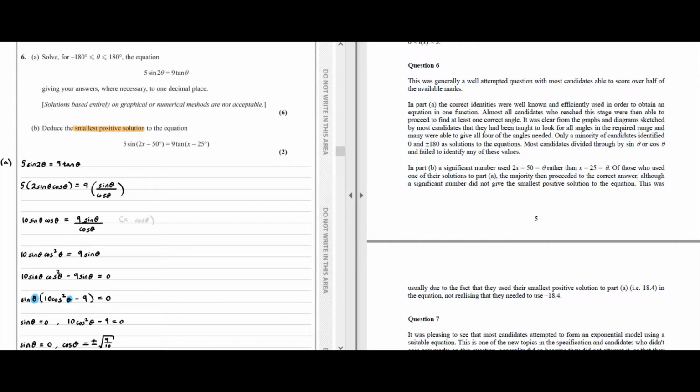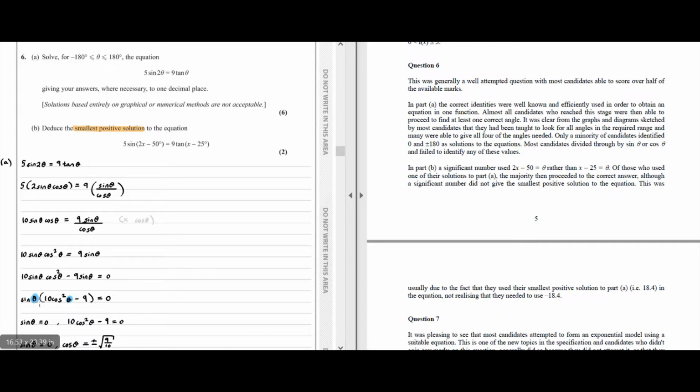It was clear from the graphs and diagrams sketched by most candidates that they had been taught to look for all angles in the required range, and many were able to give all 4 of the angles needed. Only a minority of candidates identified 0 and plus minus 180 as solutions to the equations. Most candidates divided through by sine theta or cos theta and failed to identify any of these values.